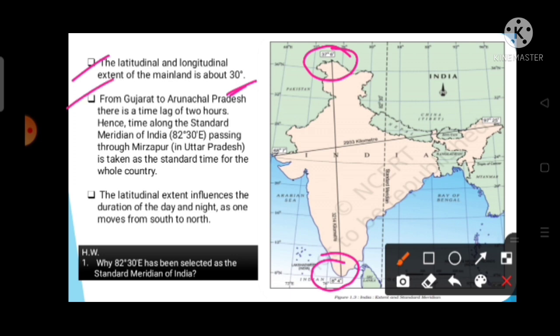From Gujarat to Arunachal Pradesh, there is a time lag of 2 hours. As you know, 1 degree longitude means 4 minute. So, Arunachal Pradesh is here, Gujarat is here. The longitude is 97 degree 25 minute and 68 degree 7 minute.